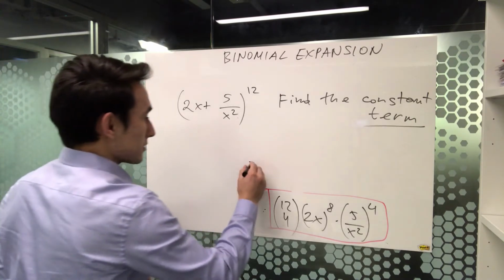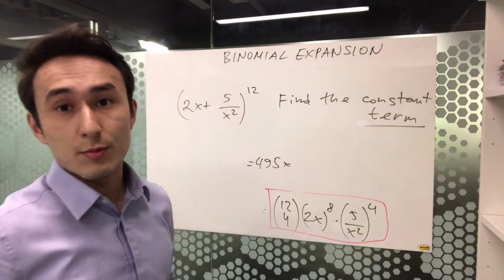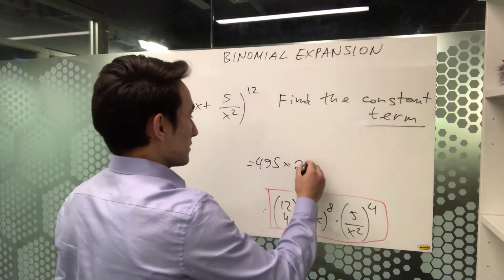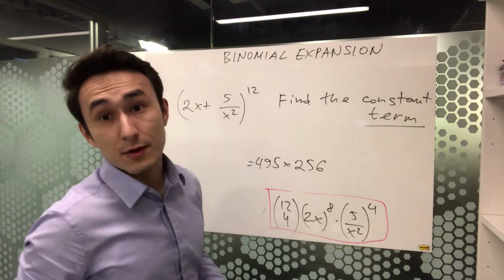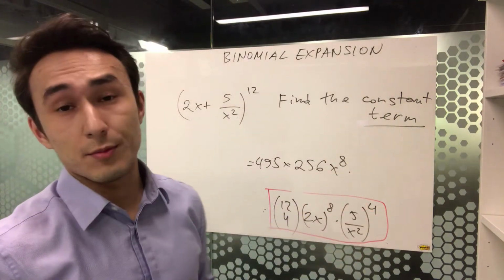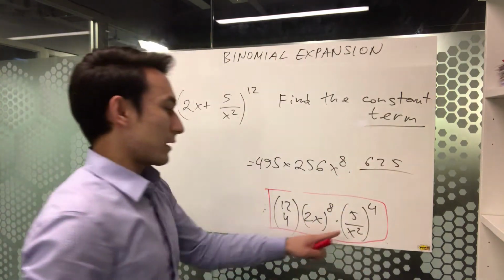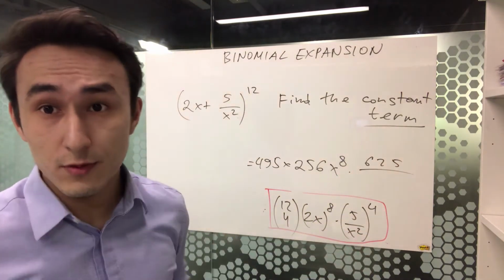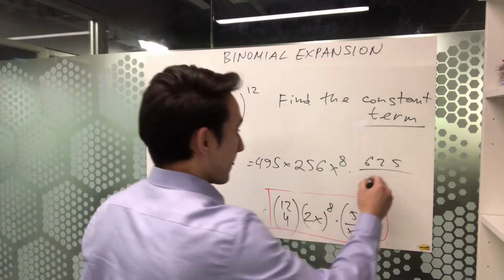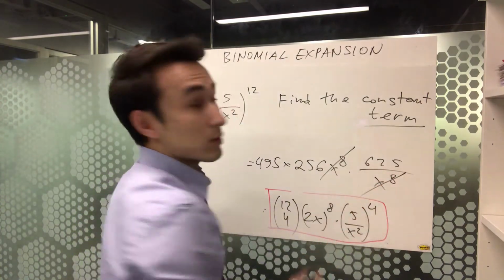So this is equal to 495 times 2 to the power of 8, which is 256, and then x to the power of 8. And then 5 to the power of 4 is 625, divided by x squared, the whole thing to the power of 4, which is x to the power of 8. Now you can see here, x8 will cancel out.